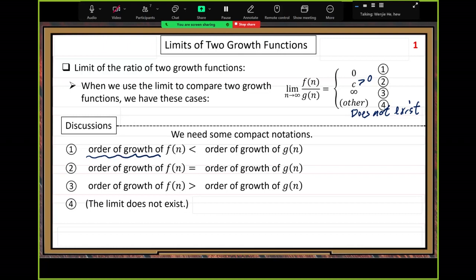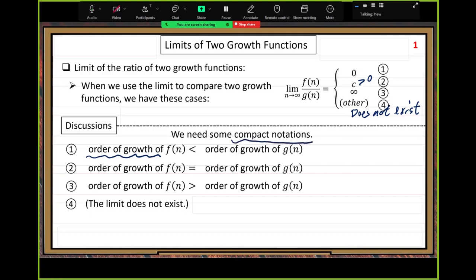All right, then we have a few minutes. The last thing is to represent the first 3 cases. Because we have good descriptions, equality and inequalities, we want to use some compact notations to represent the first 3 cases.